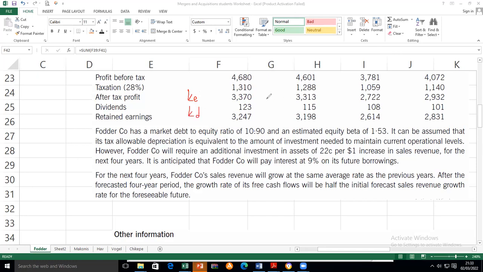And we need the capital structure, the proportion of debt and the proportion of equity within your capital structure. And that's what they have nicely given us here. The capital structure has been given here. What of the cost of debt? The pre-tax cost of debt has been given here.